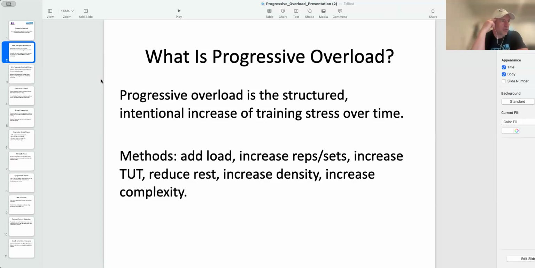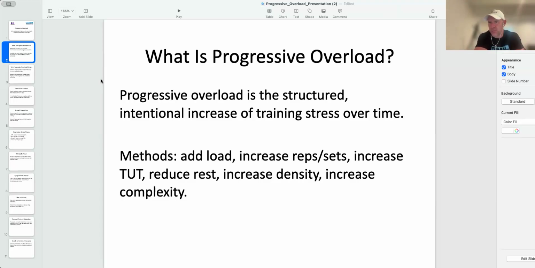You can also manipulate reduced rest intervals, and you'll see that in the superset components where you go from one exercise to the next with little to no rest. And then increase density, which means manipulating reps and sets. And increase complexity. Complexity is the type of implement maybe you use. You go from a dumbbell to a barbell, and maybe you add some type of band to the barbell.